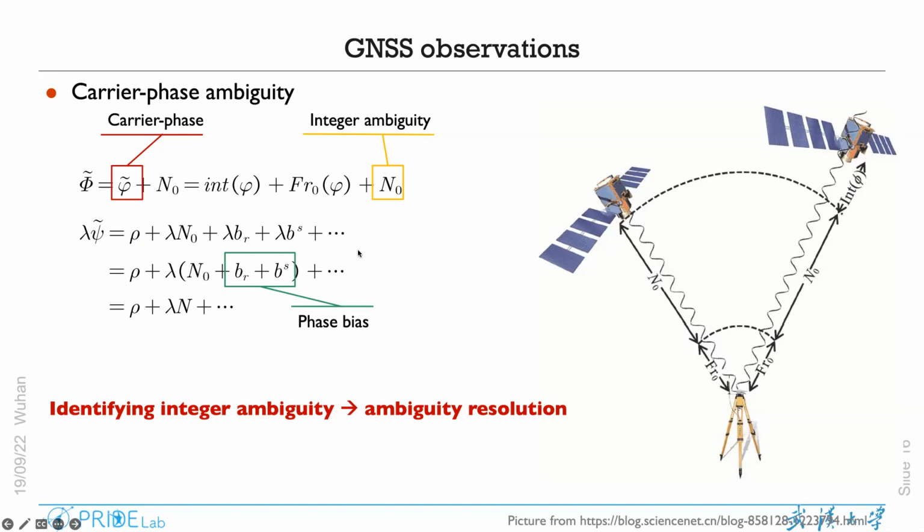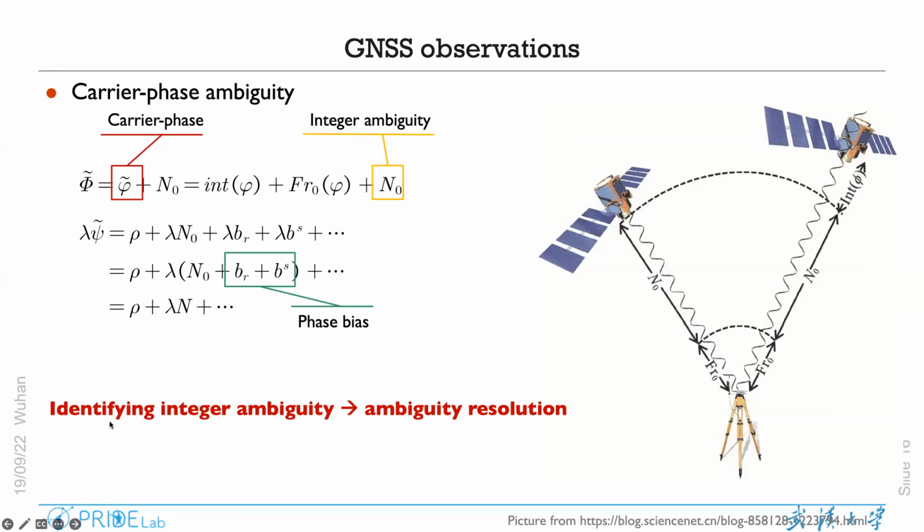Finally, from the least squares adjustment, we can only have a real valued ambiguity estimation. This real valued ambiguity term contains the phase bias terms, which are not known, and we have to separate them before we can recover the integer property of the ambiguity terms in the carrier phase measurements.